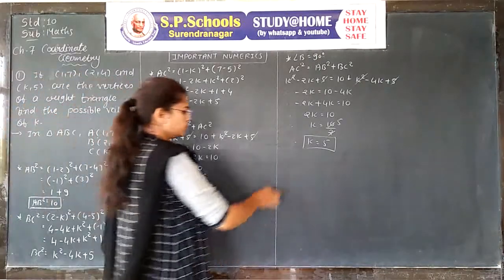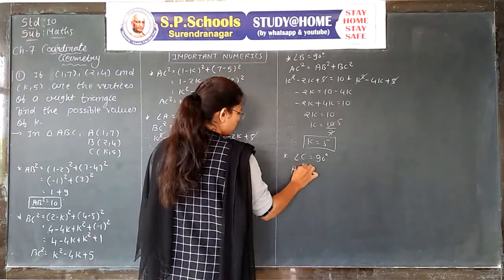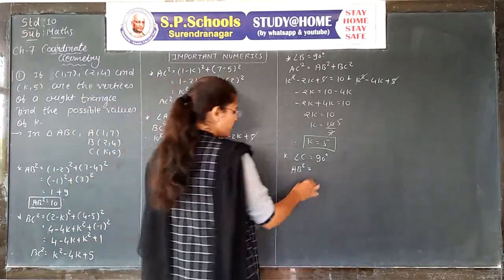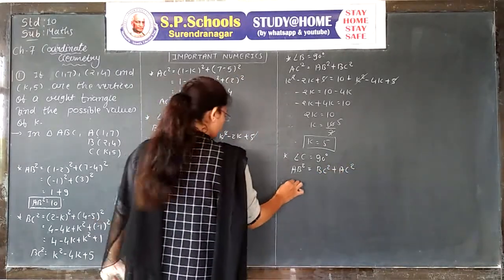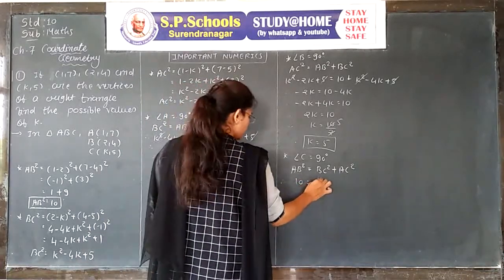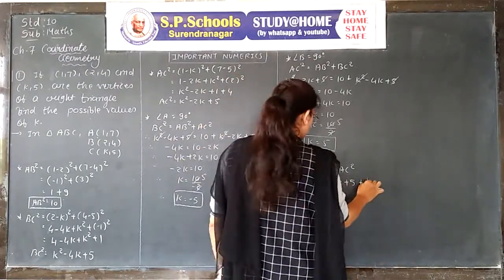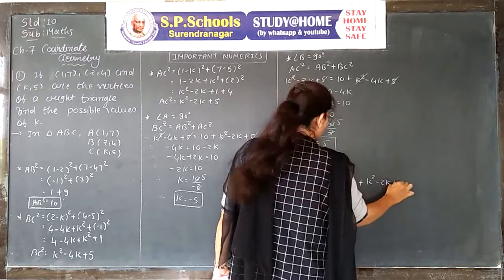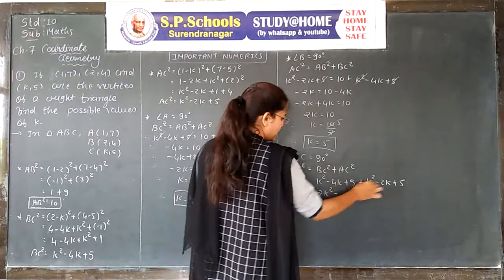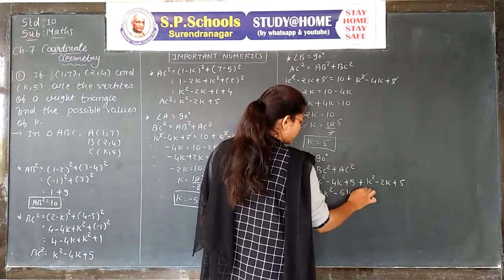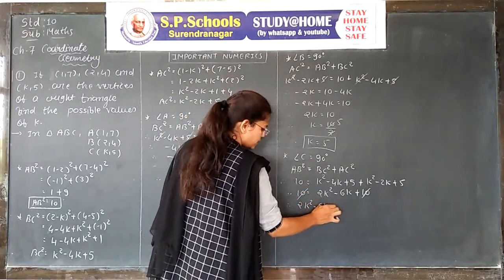Now, third option, angle C is 90 degrees. Then AB is the hypotenuse. Using Pythagoras theorem, AB square is equal to BC square plus AC square, where AB square is 10, BC square is K square minus 4K plus 5, and AC square is K square minus 2K plus 5. 10 as it is, K square plus K square is 2K square, minus 4K minus 2K is minus 6K, 5 plus 5 is 10, 10 is cut, remaining 2K square minus 6K is equal to 0.